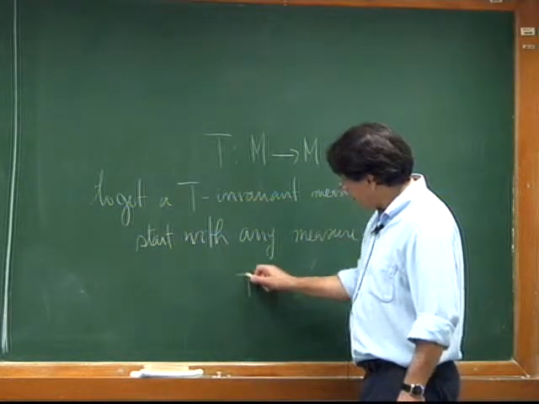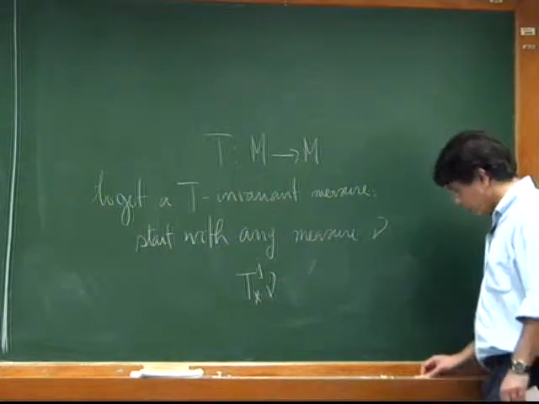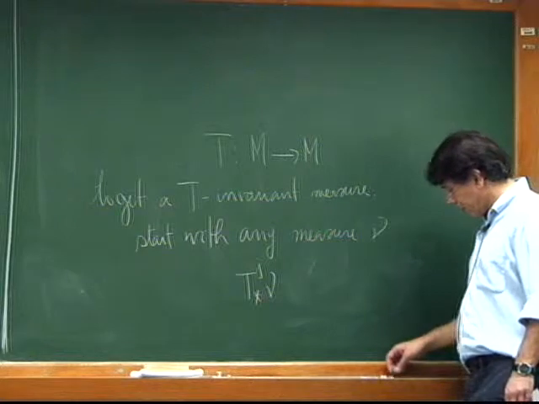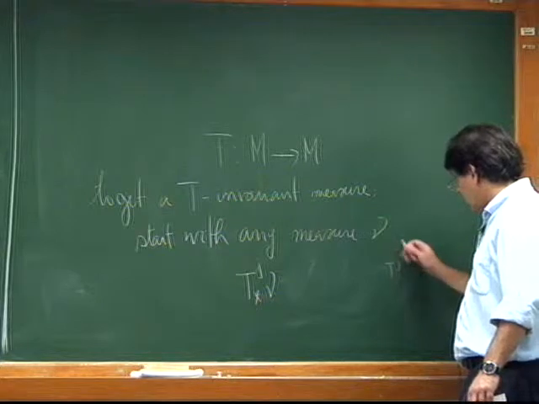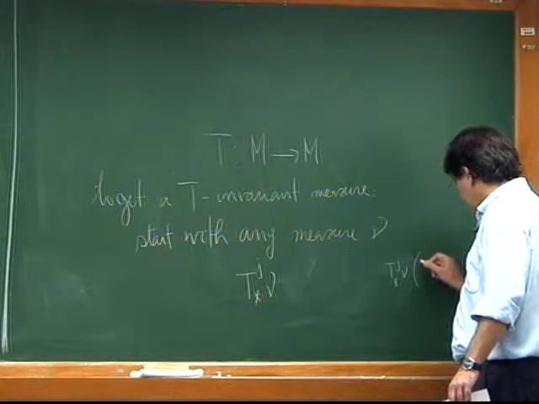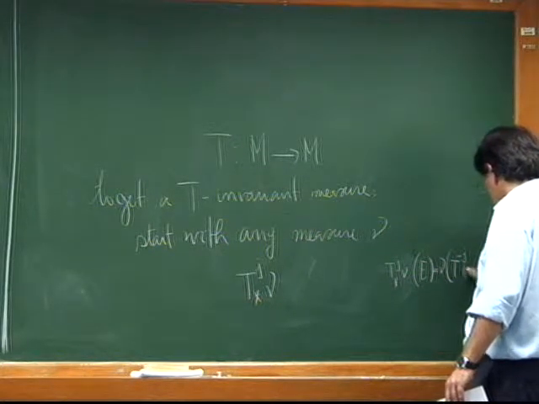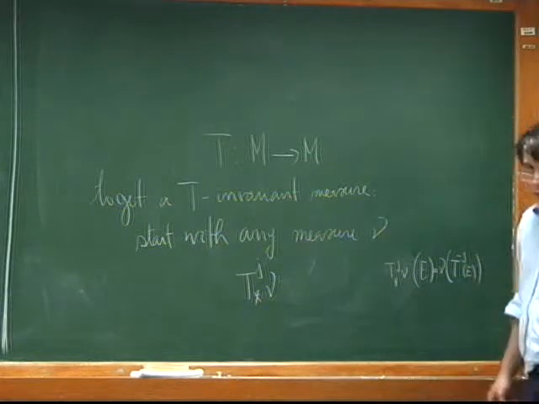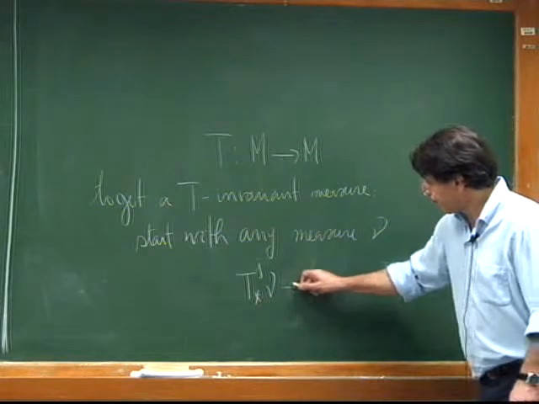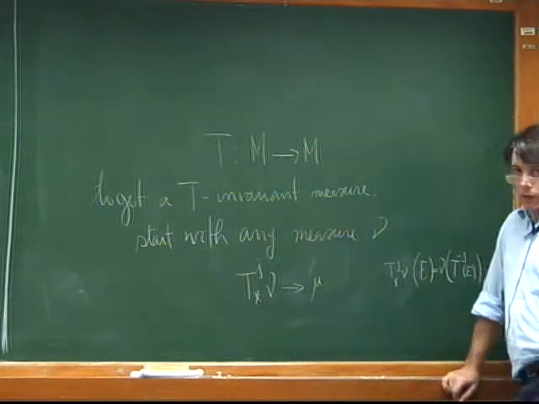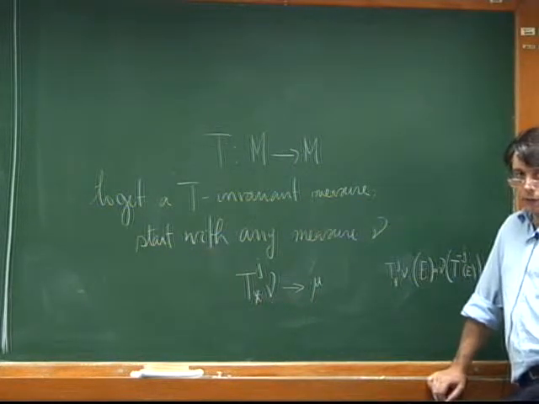You iterate this measure, T^j star of mu, which is the measure defined by T^j star of mu of a set E is mu of T^(-j) of E. So we just iterate this measure forwards. You would love to say that this converges to some mu. If that were the case, mu would probably be an invariant measure and you would be done.